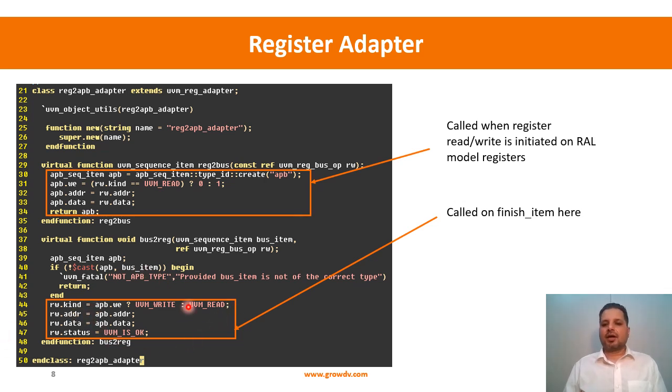There are multiple ways to send data from your driver to the sequence. In this case, we are using the property that is present within the sequence to send the data back. So we are assigning whatever data has come from the completed sequence item and sending it back. We now need to look at how this reg2 APB adapter gets initialized, and we'll look more deeply into the sequence item in the next few slides.